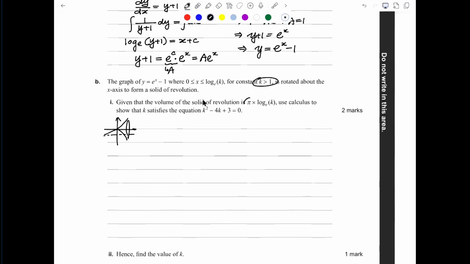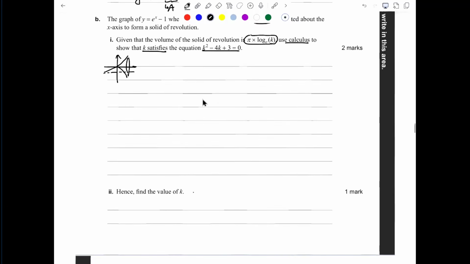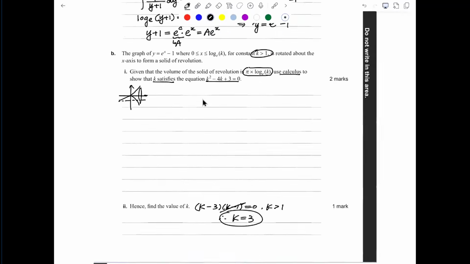If the volume of this solid is pi times log k, use calculus to show that k satisfies this equation, hence find the value of k. We can actually do part 2, because if you factorize the given result, it is k minus 3, k minus 1 equal to 0, but k must be larger than 1, therefore k can only be 3, okay? Because you can cross out the other option.